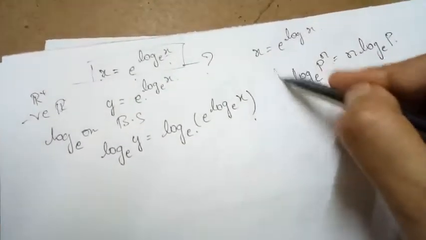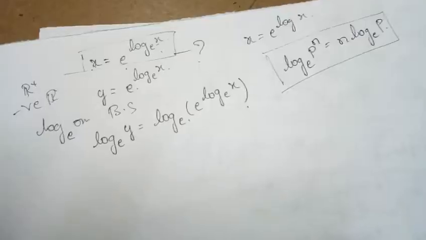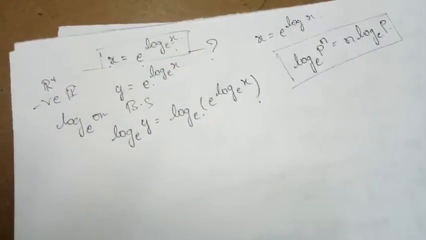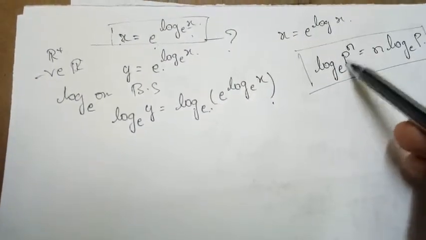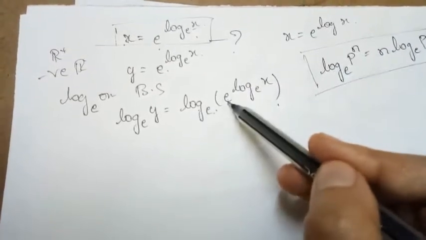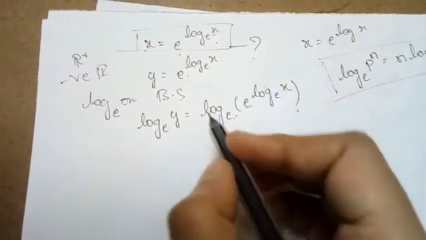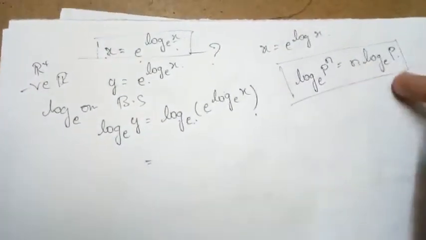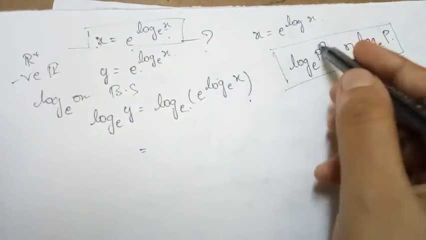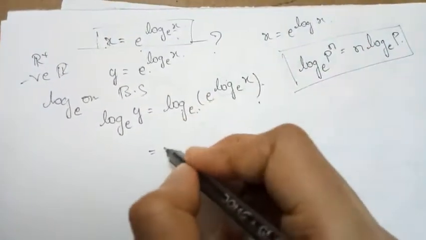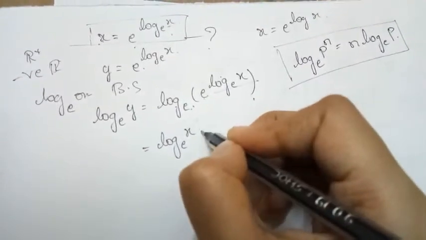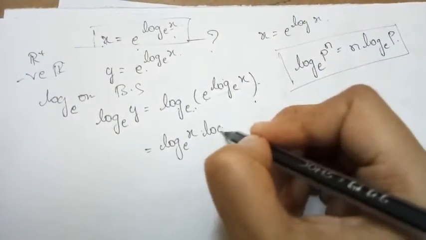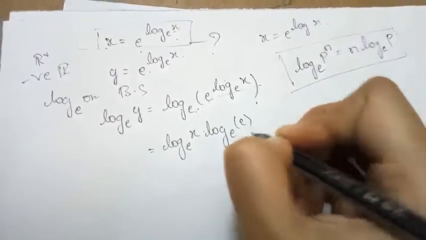So here n is log base e of x, and we get log base e of x into log base e of e.